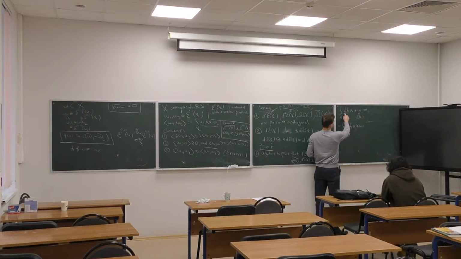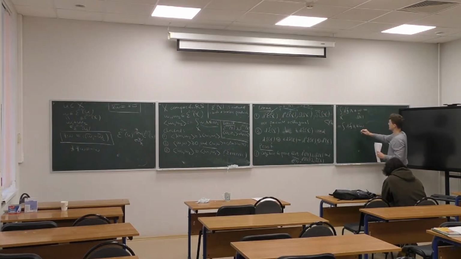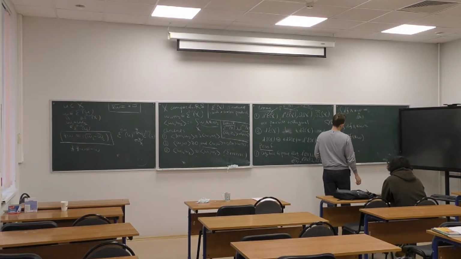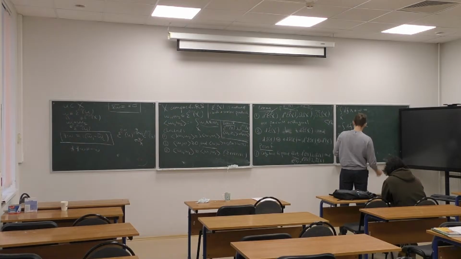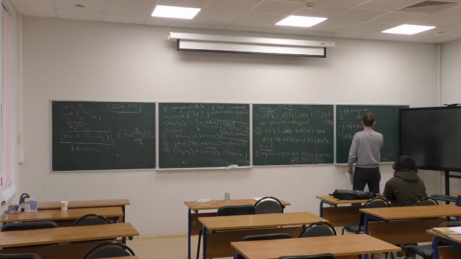So you can replace d prime by d here, and this is equal to the integral of d of f star omega. This is because d star omega is equal to 0.